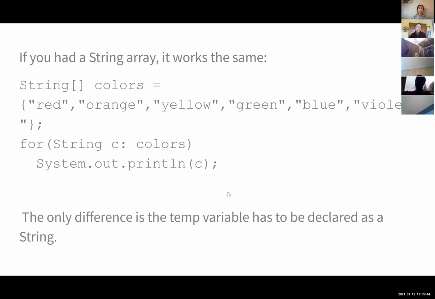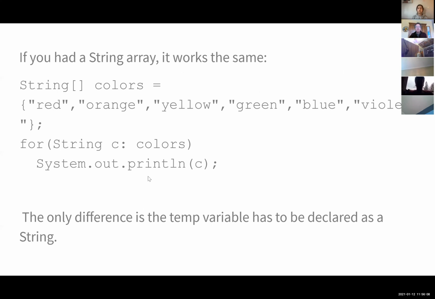So you can do this with a string array. Here's a string array called colors. And if I wanted to print all the colors, I say for, and then parentheses, String c. Now I could say String x or String anything. You're just declaring a temporary variable. This variable c only exists inside this for loop.